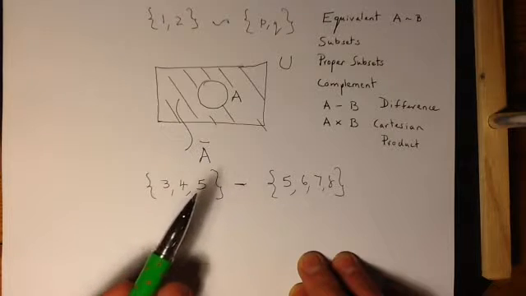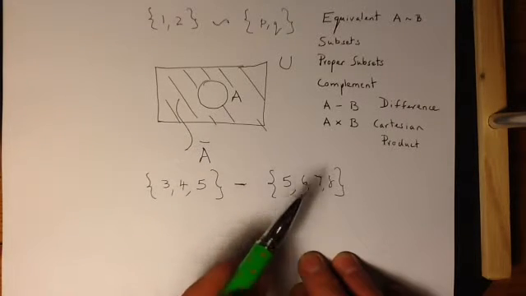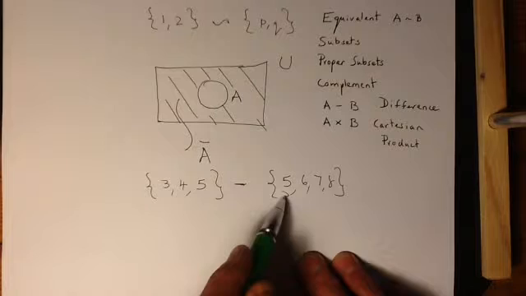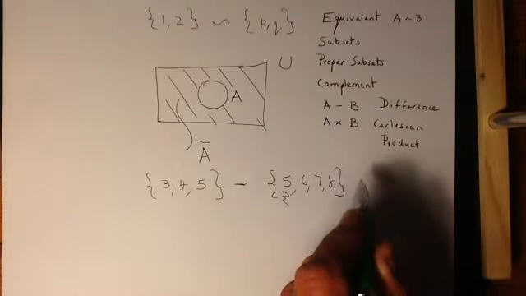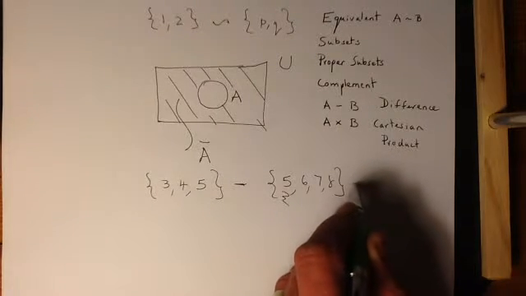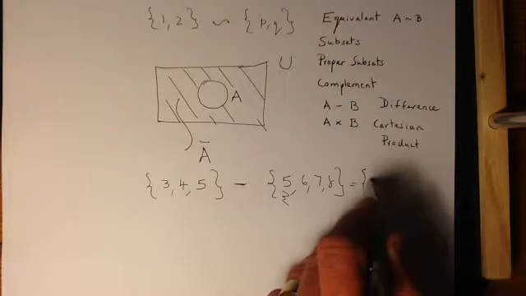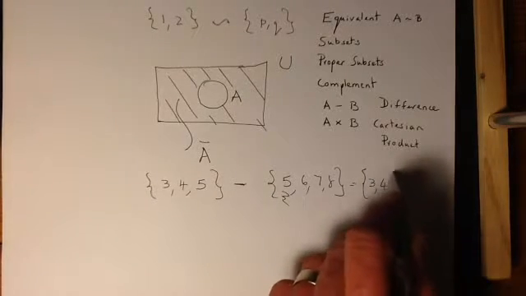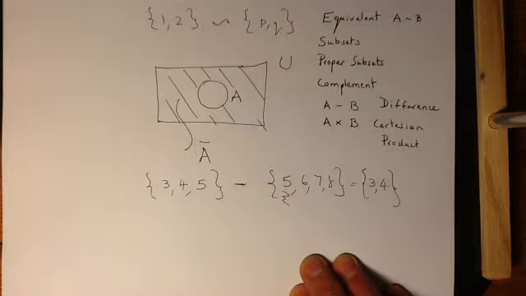So let's see, is there anything in here which is in here? Yes, it's the 5. So in this case we're going to have the set with 2 elements, 3, 4.